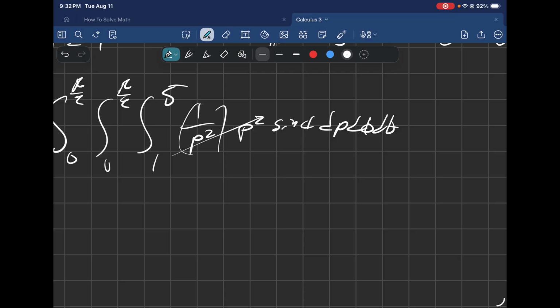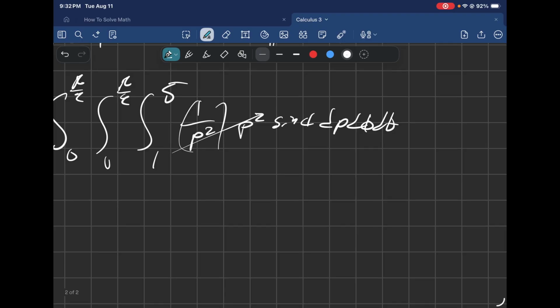So we are actually going to be solving a much simpler integral. So there's no need to panic anymore. We got all the hard stuff done. Now we can actually solve this.